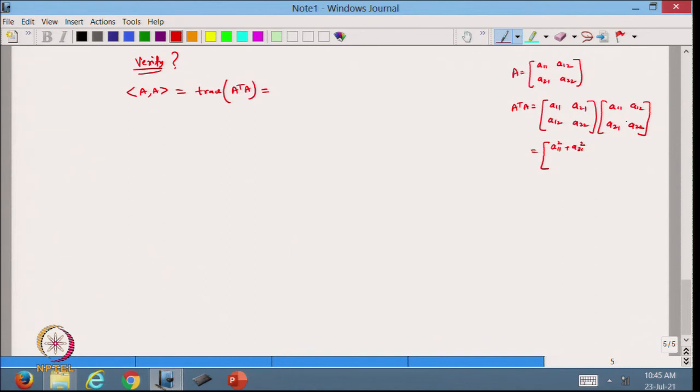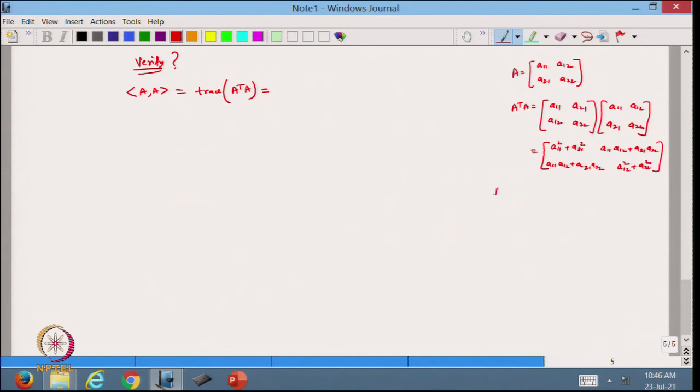Now, from here I will get A 1 1, A 1 2 plus A 2 1, A 2 2. Then again I am getting A 1 1, A 1 2 plus A 2 1, A 2 2, and the last one will be A 1 2 whole square plus A 2 2 whole square.